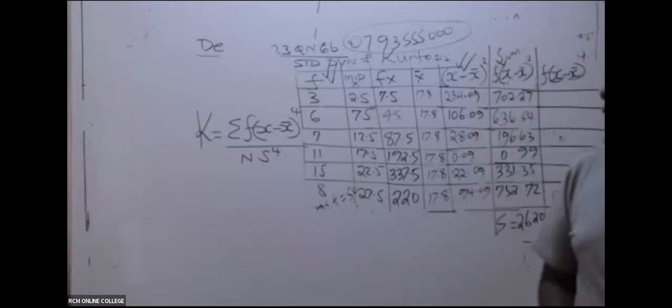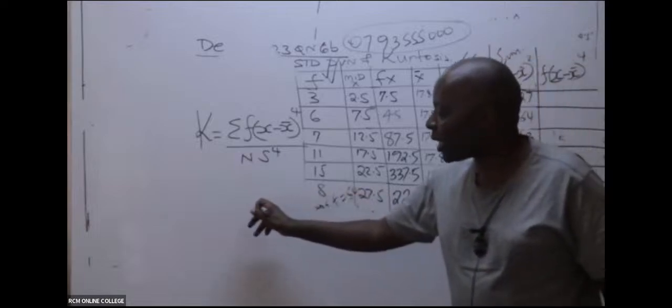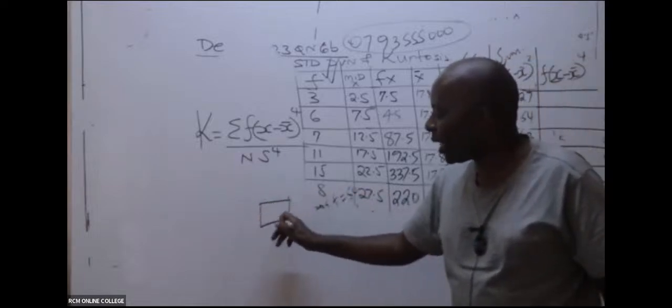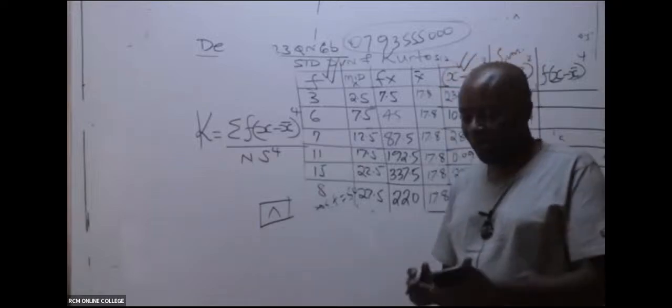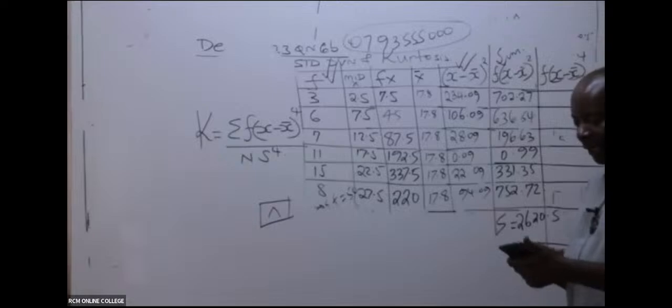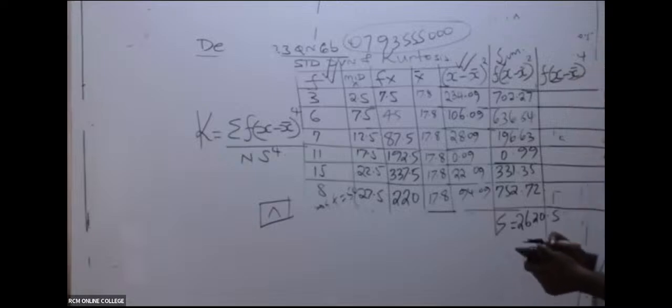Just move slowly. Remember the raising in your calculator. Let me give you the first one. At times it confuses students, and if you're confused at first while getting this kurtosis coefficient, it's allowed.